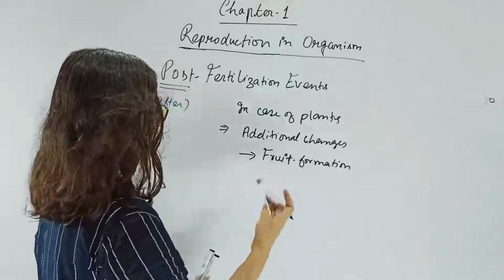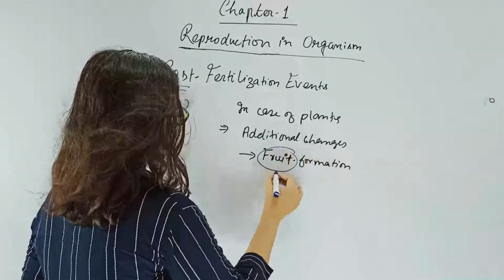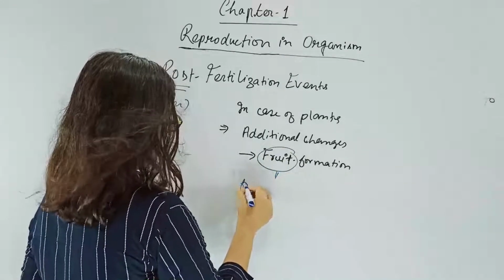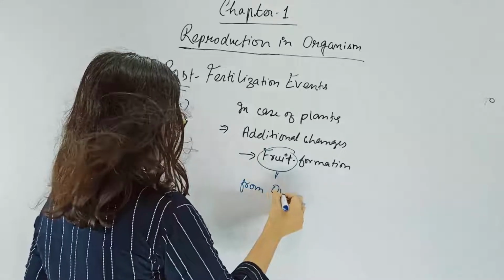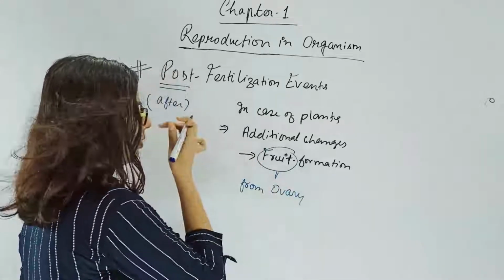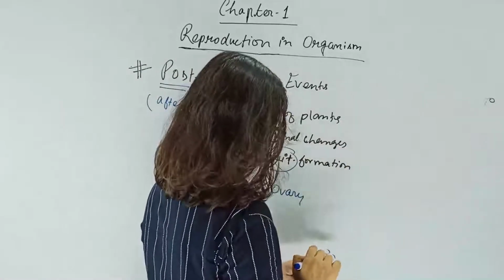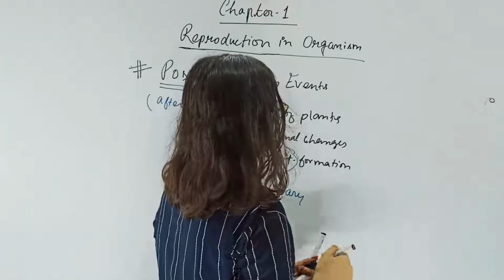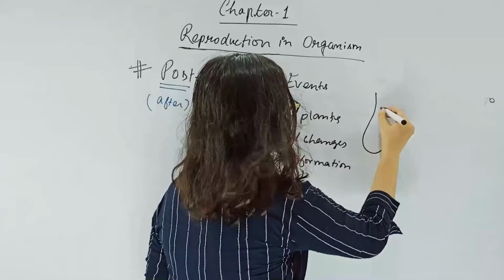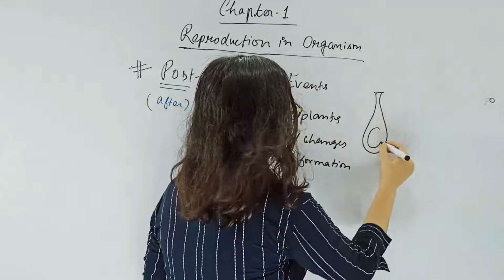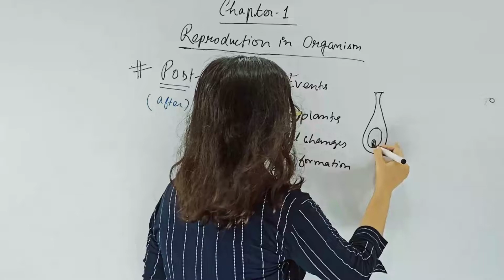I have to draw the same diagram again. The same stigma, style and ovary. This is the ovule. This is the egg.